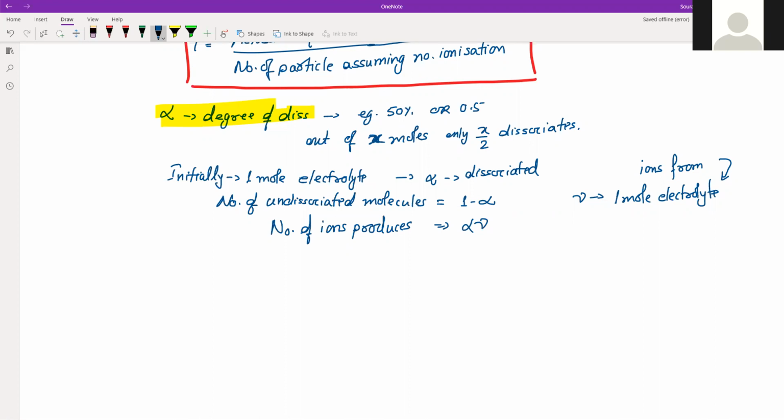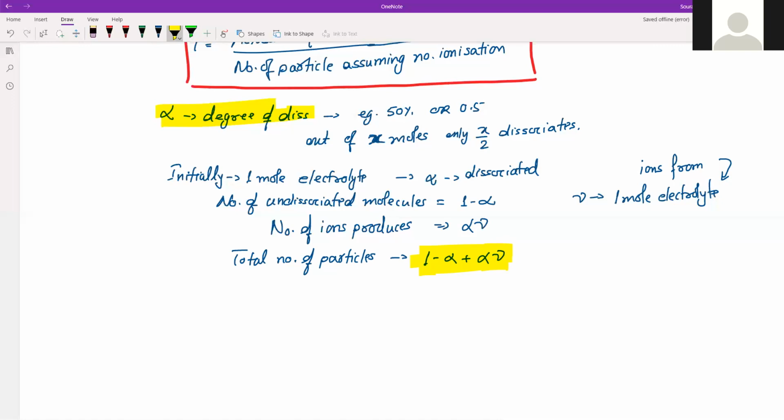Now what is the total number of particles? The total number of particles will have to include dissociated as well as not dissociated. So that is 1 minus alpha plus alpha into nu. This is the total number of particles now. And we can see that it has increased, because now the particles are those which are dissociated plus those which are not dissociated, both combined.